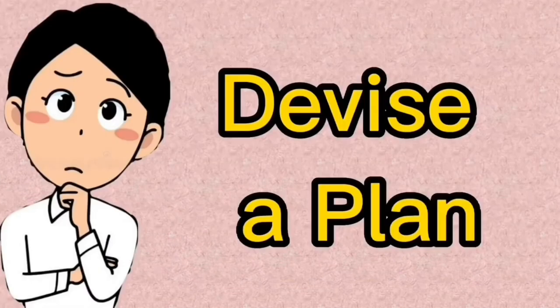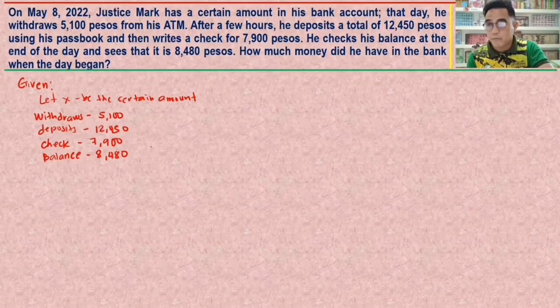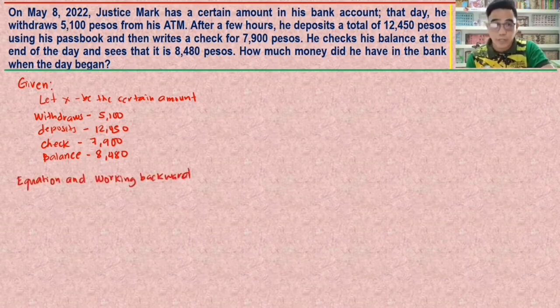Devise a plan. After examining and evaluating the problem, we're able to come up with the best strategy to be used in this problem, and that is the use of an equation and the working backward method. We can drop the information as follows.